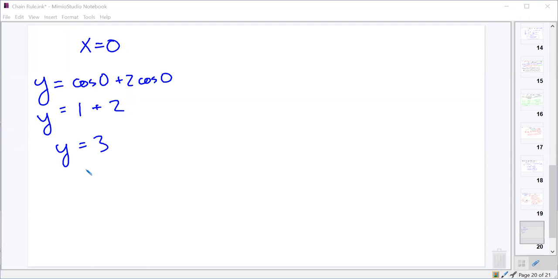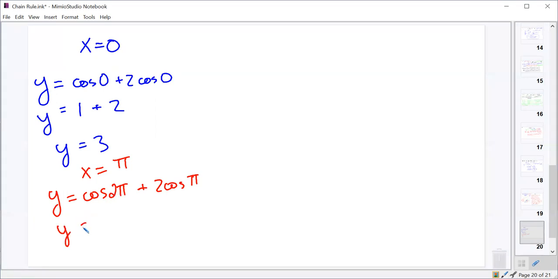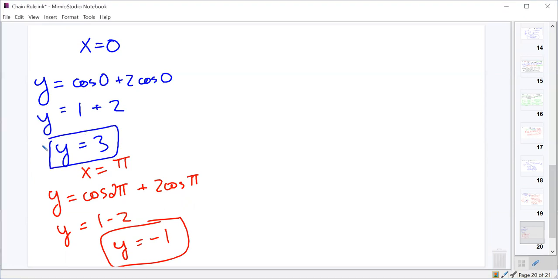For x equals pi, we end up with y equals the cosine of, it was 2x, right? So cosine of 2 pi plus 2 cosine pi. What's the cosine of 2 pi? That's also 1. And then cosine of pi is -1, so that's 1 minus 2. So we got y equals -1.